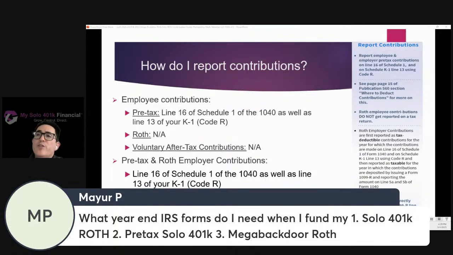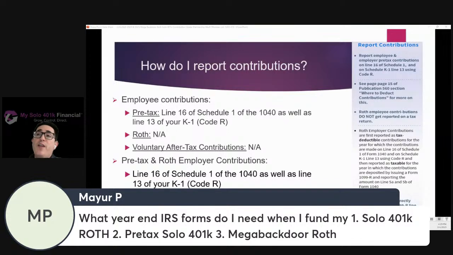Thank you for the good question. What year-end IRS forms do I need when I fund my solo 401k Roth, pre-tax solo 401k, mega backdoor Roth? Well, contributions to the solo 401k are not reportable by the plan, right? Contrast this with contributions to an IRA, where the IRA provider needs to issue a Form 5498.